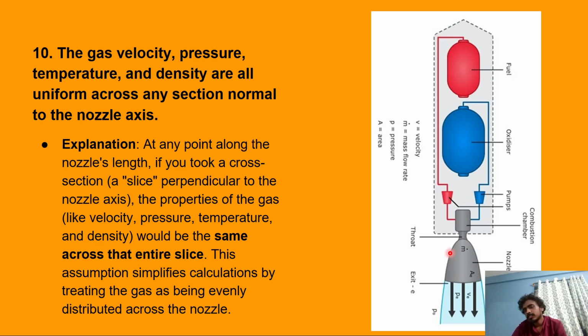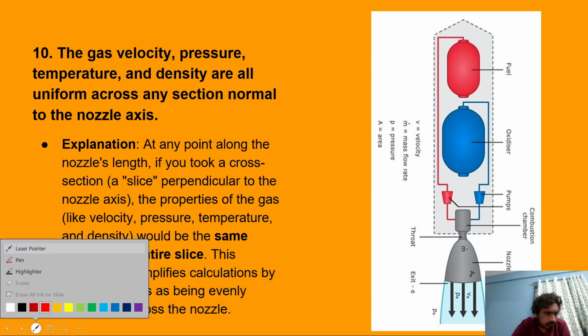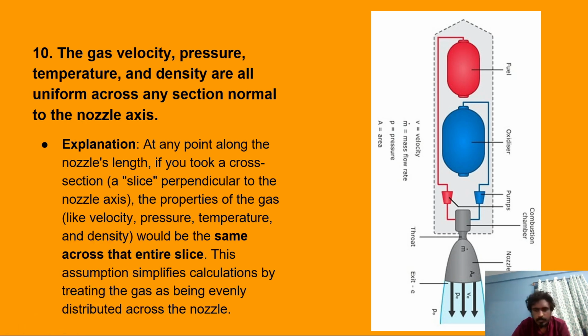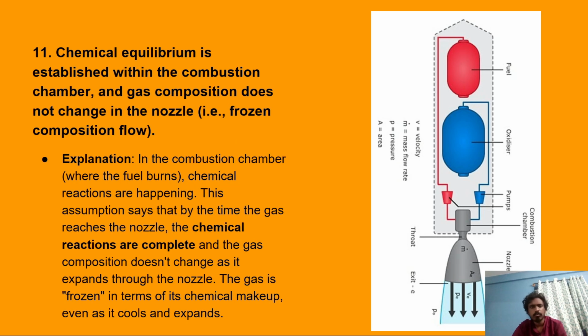So what they're saying is, if you take a section here, the velocity, the pressure and temperature across this line are the same. Density also. And on this line, the composition of gases, the velocity, the pressure, everything will be the same. That's what they're saying. Just chemical equilibrium.